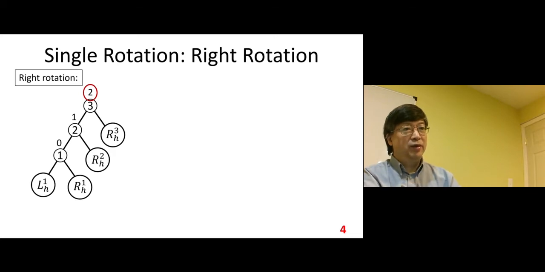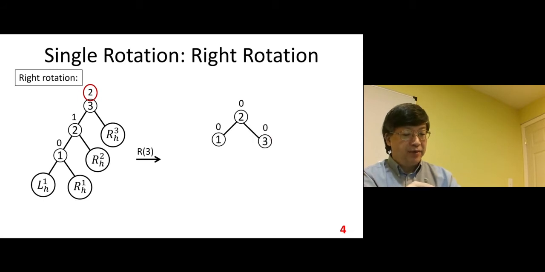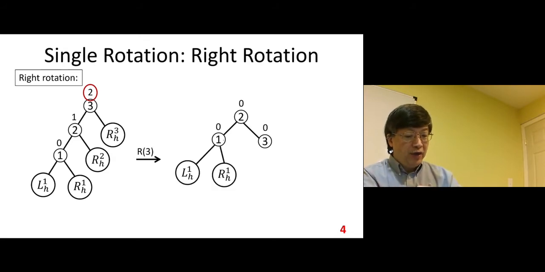Now node 3 is the violation node, so we do a right rotation with respect to node 3. This time we bring down node 3, so node 2 is at the top, and we arrange the subtrees carefully. Node 1 still keeps its original 2 subtrees, so no change. Node 2 does not need its original subtree because it has new subtrees.